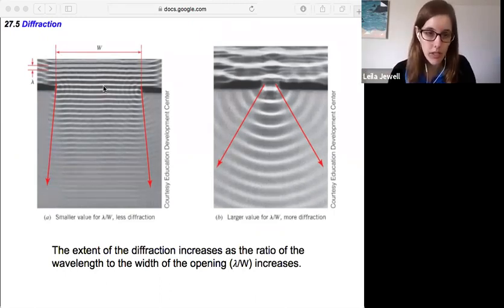There's some slight diffraction when the opening is pretty wide relative to the wavelength, when it's a pretty small lambda over w ratio. But if we increase lambda over w, the bending or the diffraction gets bigger. Notice the slit width is a lot smaller here, the wavelength's even bigger, and the diffraction is much bigger. So the angle to get to that first minimum becomes larger, and you start seeing the effect of more diffraction.